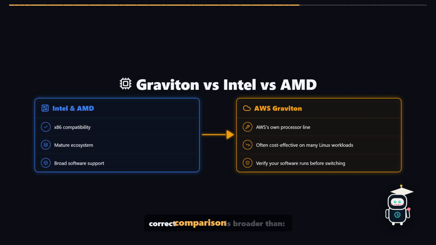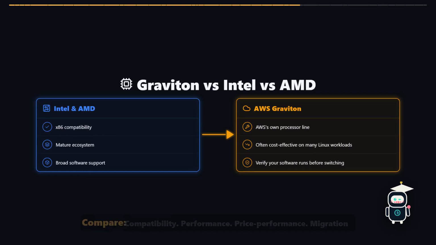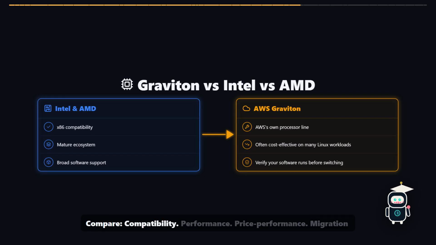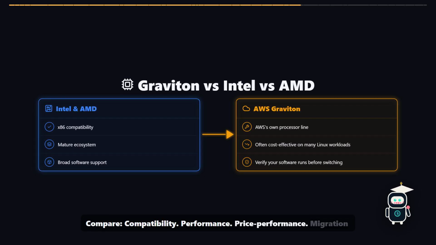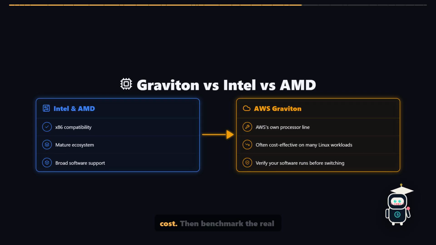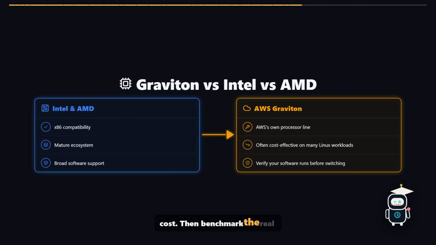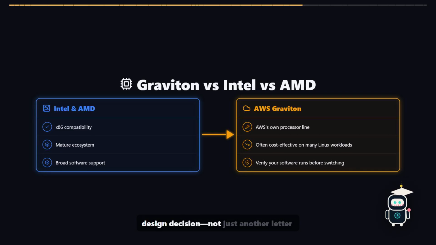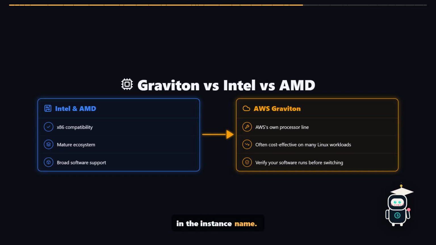That's why the correct comparison is broader than Intel versus AMD versus Graviton. Compare compatibility, performance, price performance, migration effort, operational requirements, and total cost. Then benchmark the real application. Processor architecture is another design decision, not just another letter in the instance name.